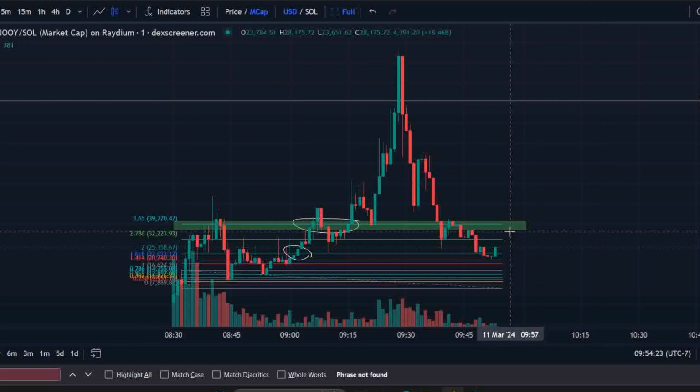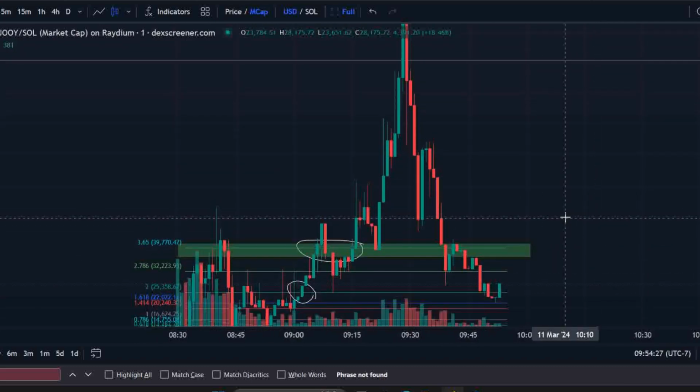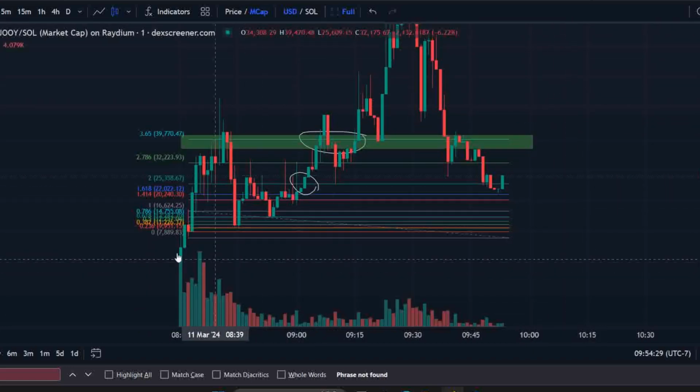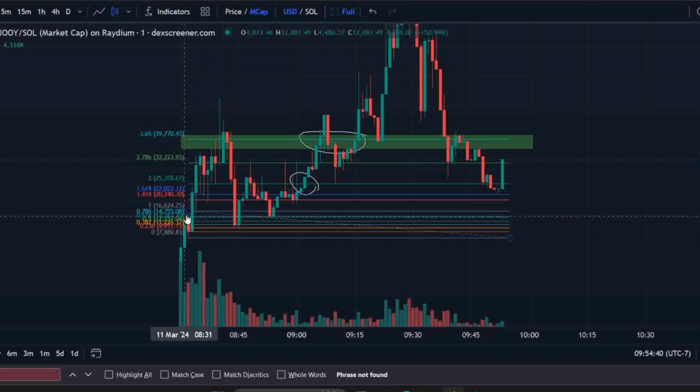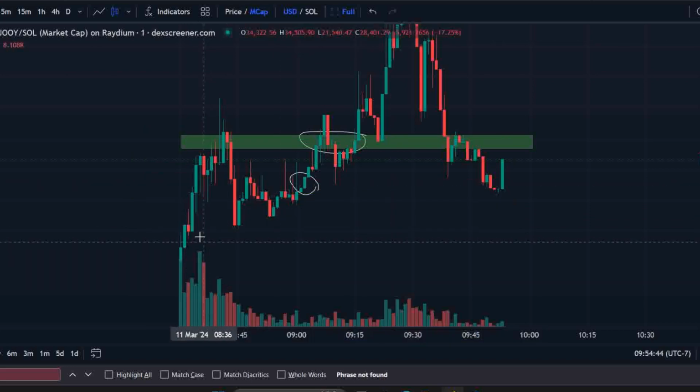Might as well. So my first observation is you always pull a Fibonacci from the first big sell-off, which is right here.